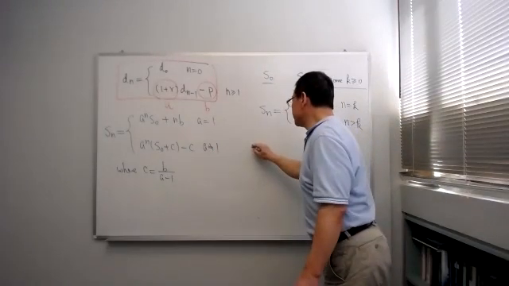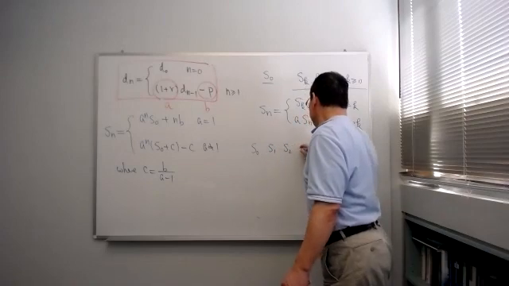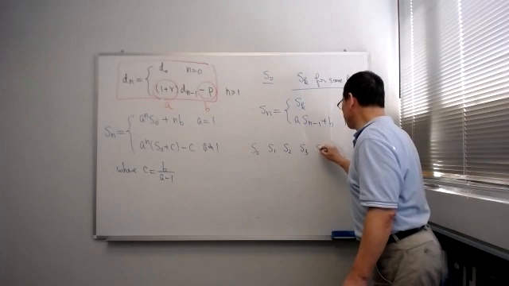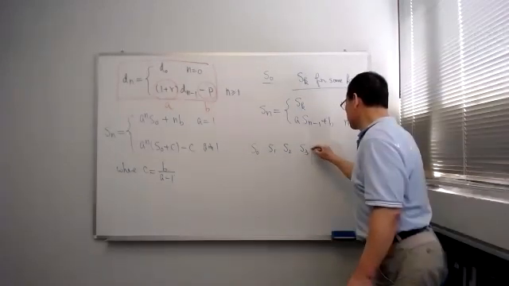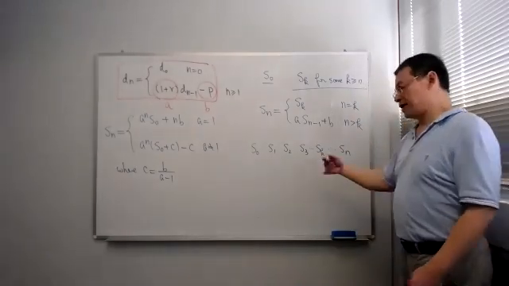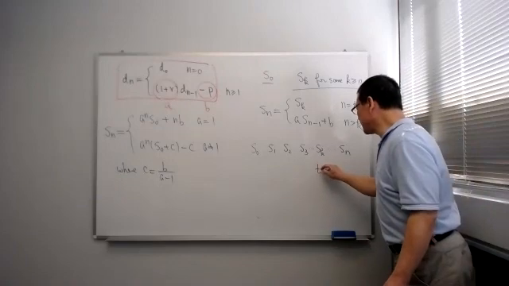So initially we have S0, S1, S2, S3. Maybe here is S_k. Let's see S_k here. Now what we can do is construct another recurrence for another sequence. So say T starts with k.